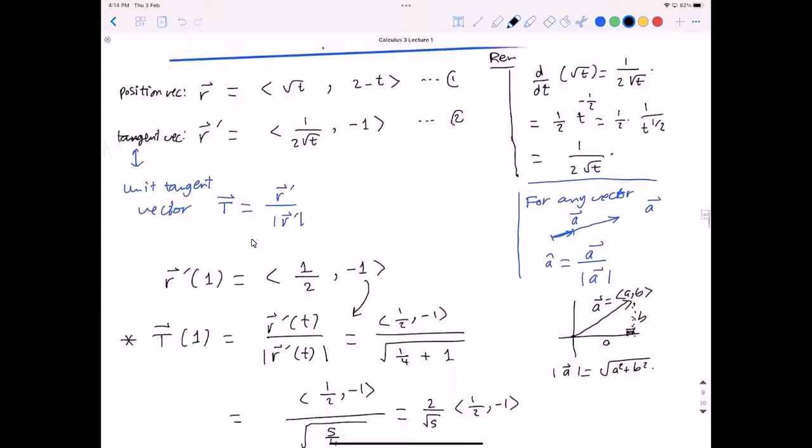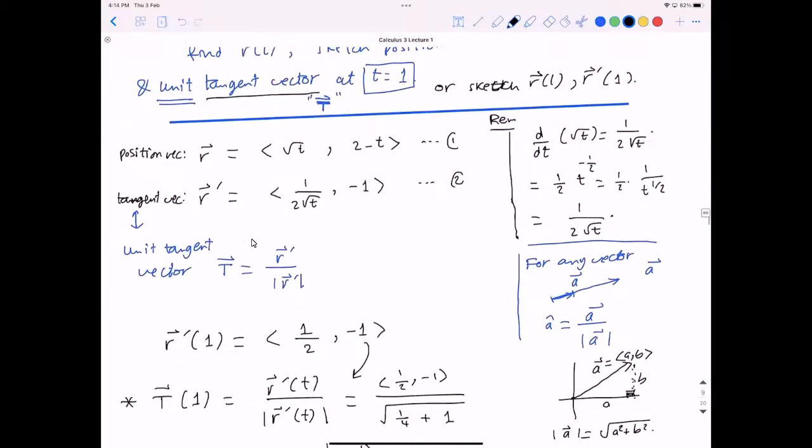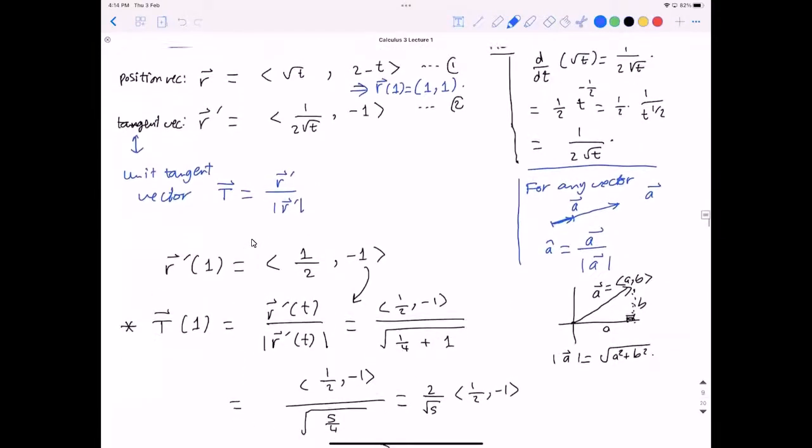Where is the position vector at time 1? We didn't compute it. Okay, let's do it. R at time 1 is what? √1, which is 1, and 2 minus 1, which is 1. So we have two vectors to sketch.